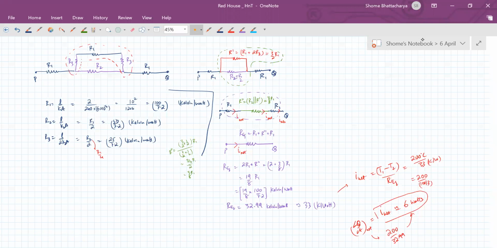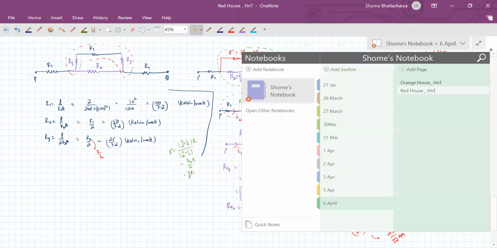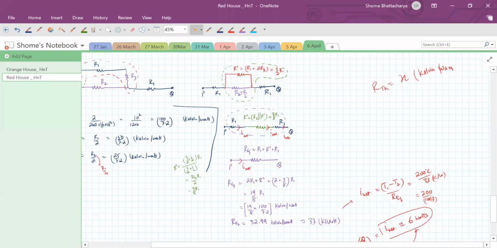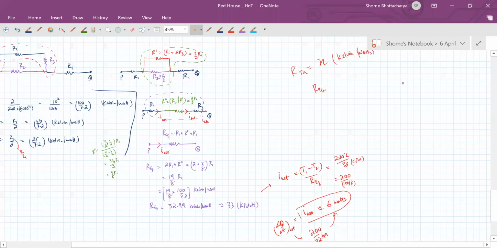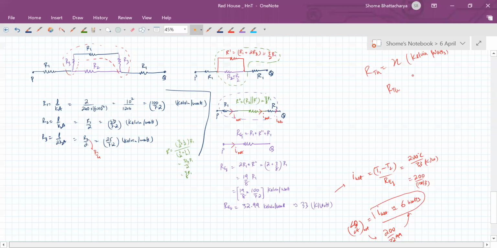Jenny, we have to convert both the temperatures now. So see, first of all, if we say thermal resistance is X number of Kelvin per watt, okay, this is the same thing as, okay, so this thermal resistance is equal to what?